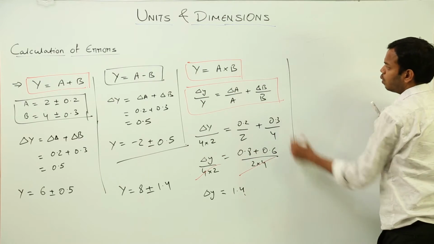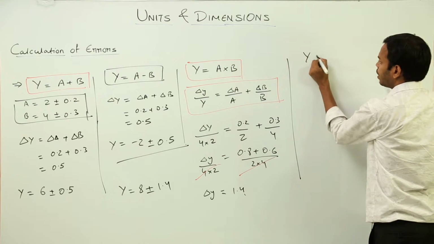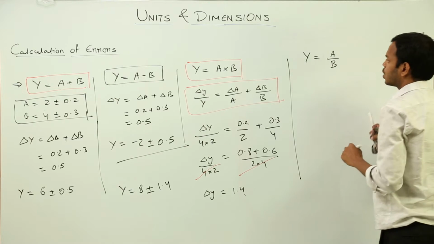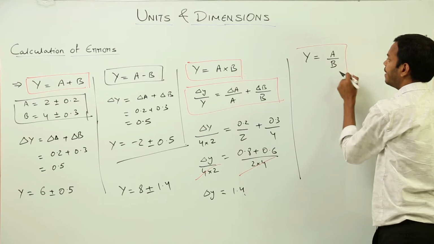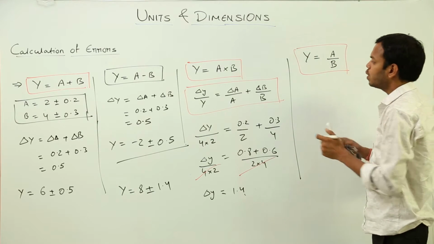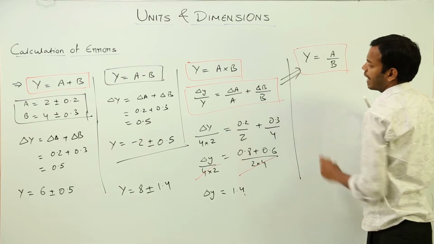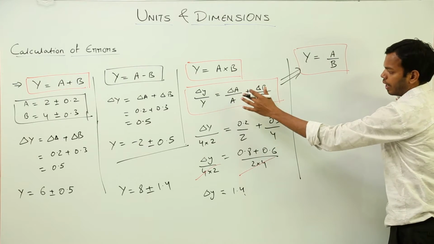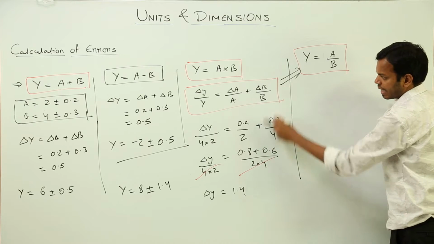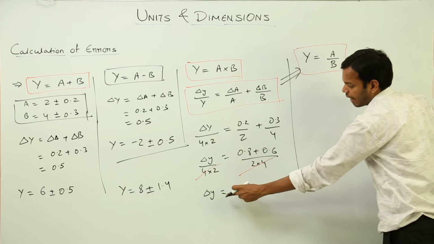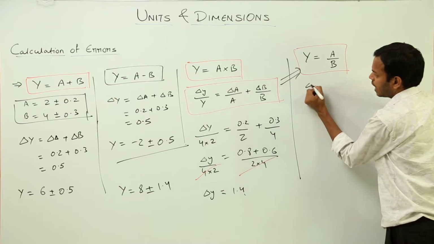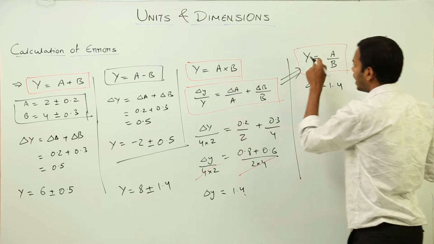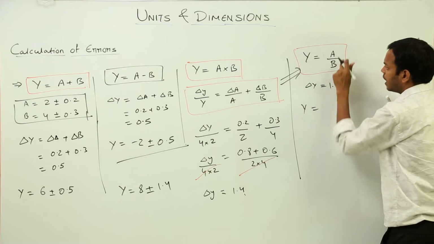Now let's move on to division. So our given equation is y is equal to a over b. The good point is, even in division we use the same equation to find the error in y. The same calculation will go on and we'll find delta y to be 1.4, but the final answer for this would be a upon b.